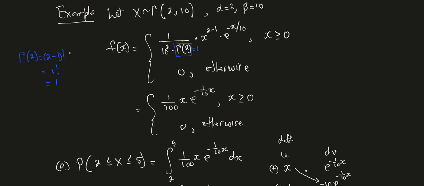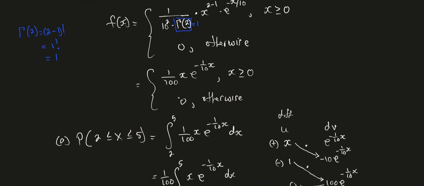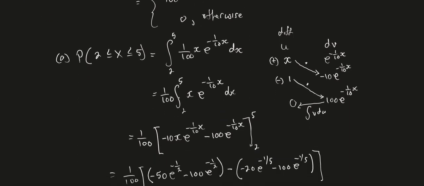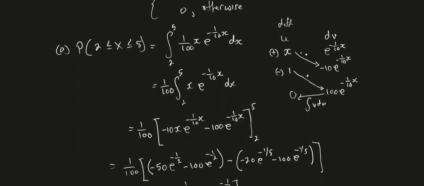So for us, our alpha is going to be a positive integer, and we'll be using this recursive property of the gamma function to help us evaluate this. But once we have this number, everything else is pretty much routine. There's integration by parts involved. Again, it might not be the funnest experience, but I think integration by parts is pretty good.